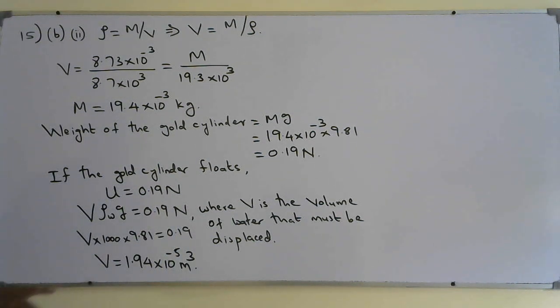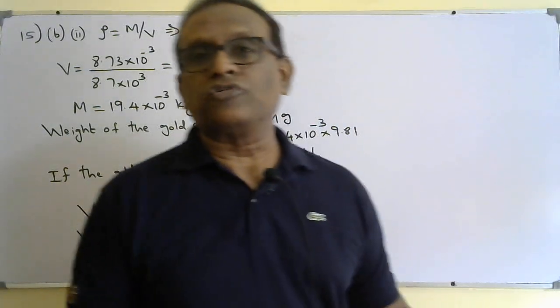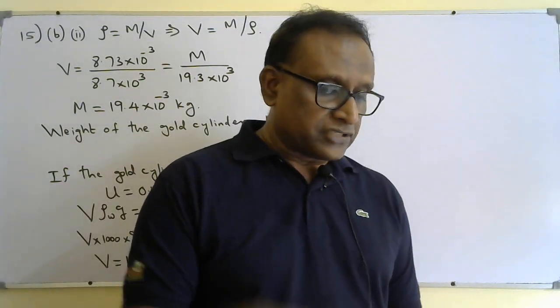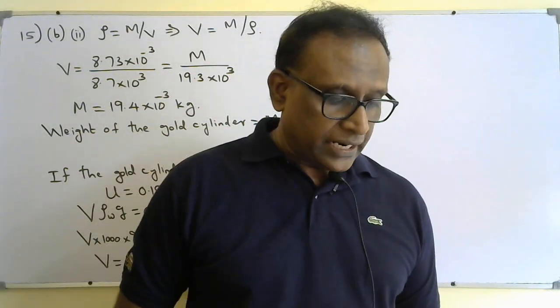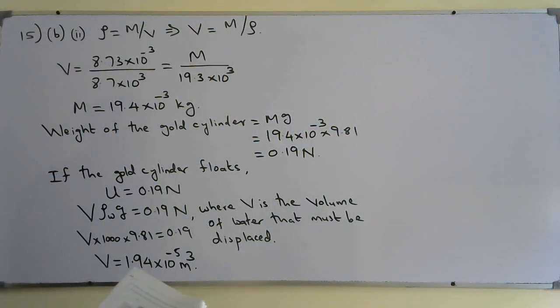So we'll compare this volume with the volume of the cylinder, the earlier cylinder. The length is 4 centimeter, the diameter of the circular cross-section is 2.1 centimeter. So we'll find the volume of the cylinder. We already found it earlier, but again I'll find it.